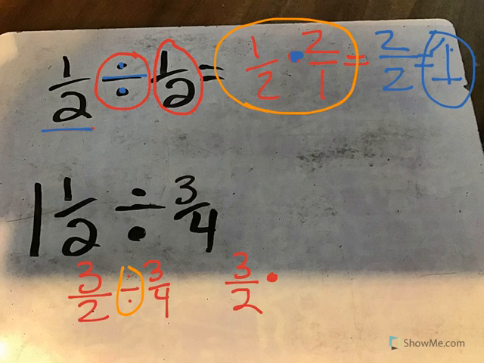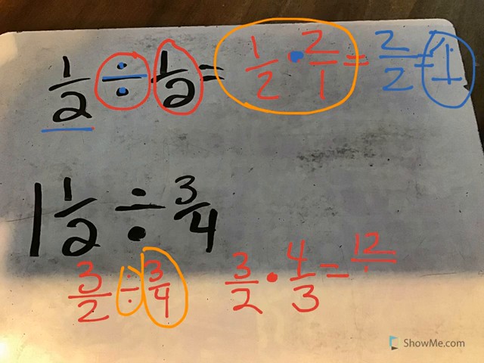And then I need to find the reciprocal of 3/4, which is 4/3. So once I'm at 3/2 times 4/3, I know how to solve this because I turned my division problem into multiplication. 3 times 4 is 12.